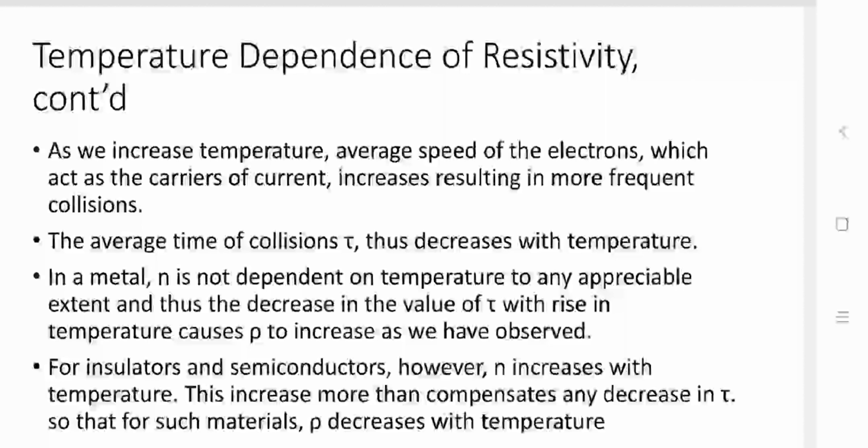So we can say that for insulators and semiconductors, the number of electrons n increases with the temperature. This increase more than compensates for the decrease in tau. The collision frequency increases, so tau is reduced. So for such materials, rho decreases with the temperature.